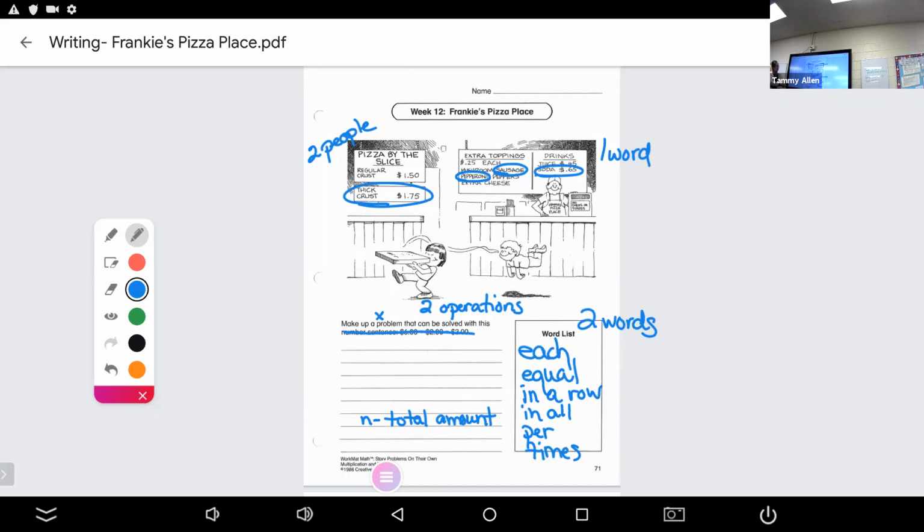All right, how are we going to figure out our total amount? Add up all the toppings and stuff. Add up all of our toppings and crusts. We times them.